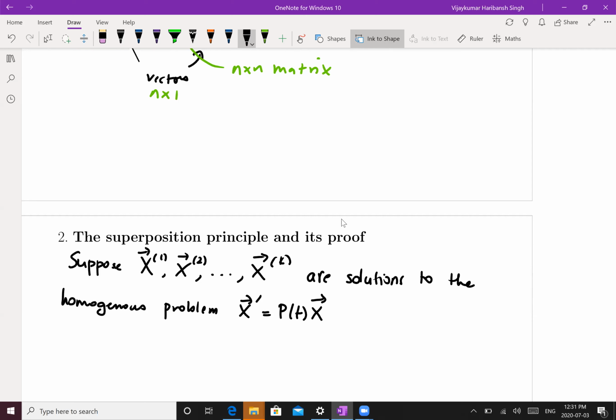Then recall the superposition principle tells you that if you take a linear combination of these solutions, you still get a solution.